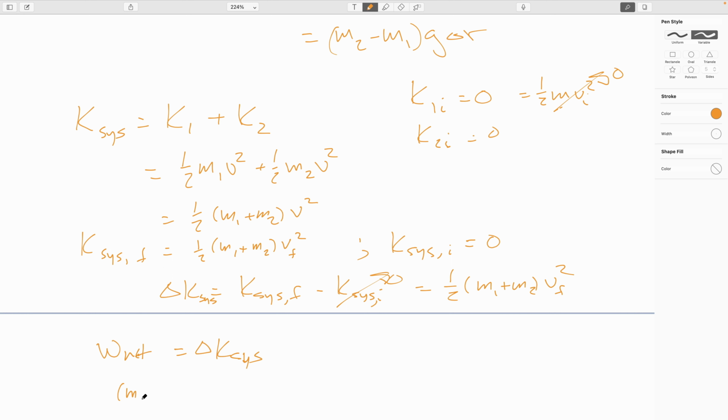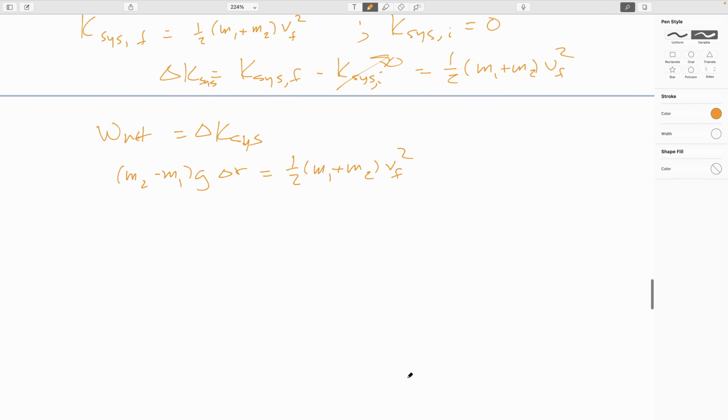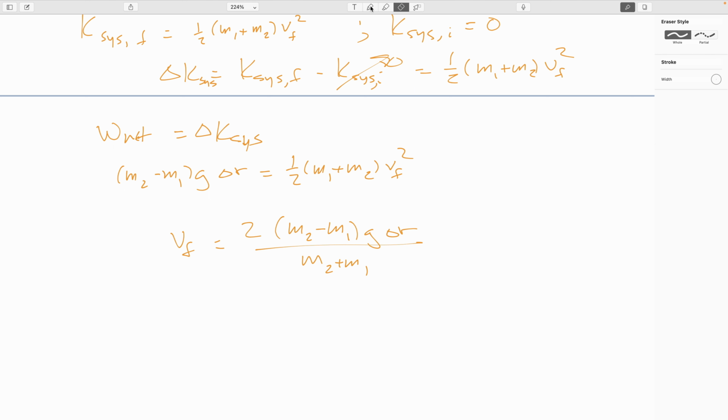So this will be m2 minus m1 g delta r equals 1/2 m1 plus m2 v final squared. All right, so then v final squared equals 2 m2 minus m1 g delta r over m2 plus m1. And we can take the square root of both sides while we are at it to get our final speed of both objects at once.